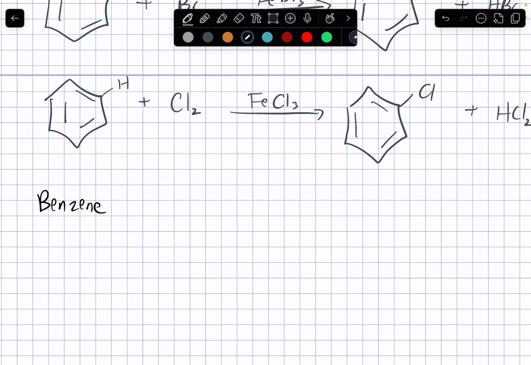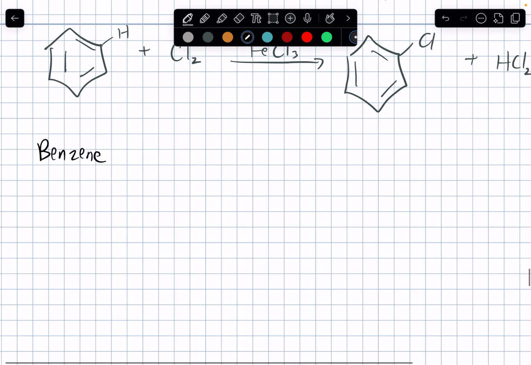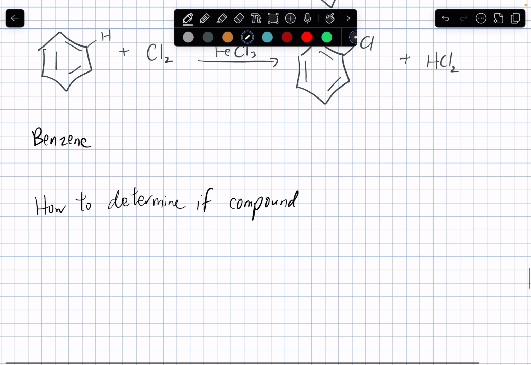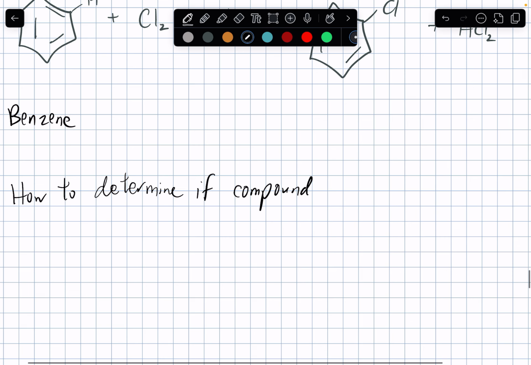So, how do you know if something is aromatic? By the way, aromatic compounds are carcinogenic. Just by smelling them, you might get cancer.